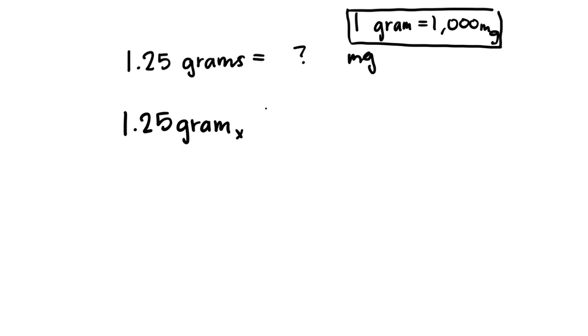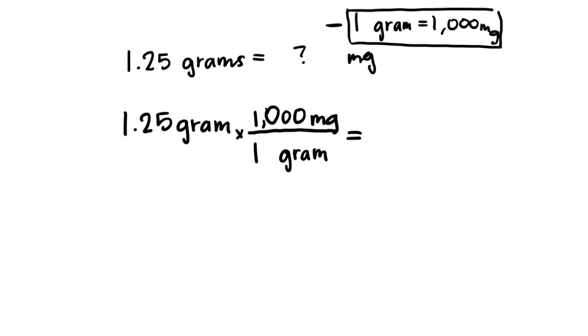So we can multiply it by our version of 1 or our conversion factor. What number goes in the bottom? Look up here at your conversion factor. We know that 1 gram goes on the bottom because the grams is in the top, the numerator at the beginning of the equation. And then we have 1,000 milligrams.